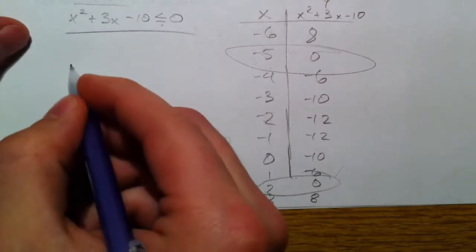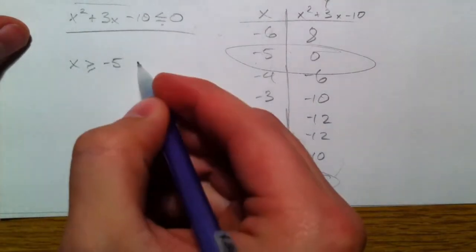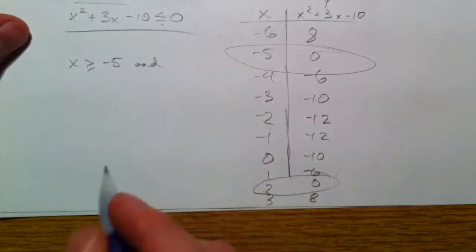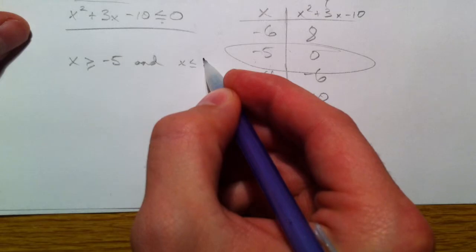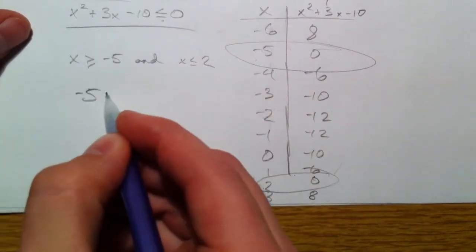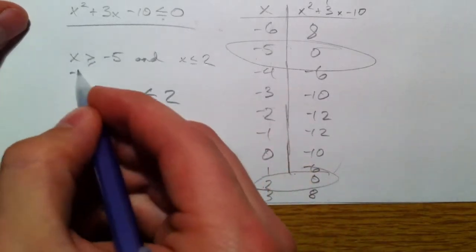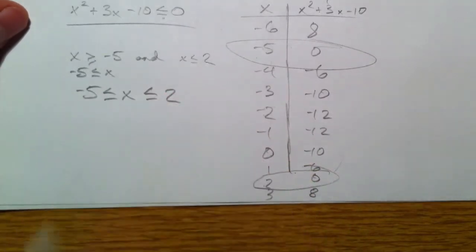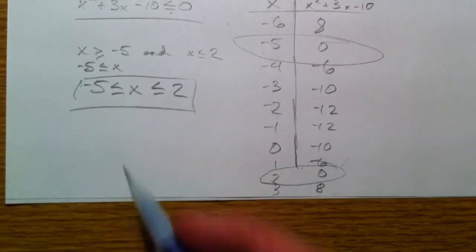And so when x is greater than or equal to negative 5, and when it's less than or equal to 2, we typically write it negative 5 is less than or equal to x is less than or equal to 2, because you can flip this inequality around. And it's everything in between negative 5 and 2.